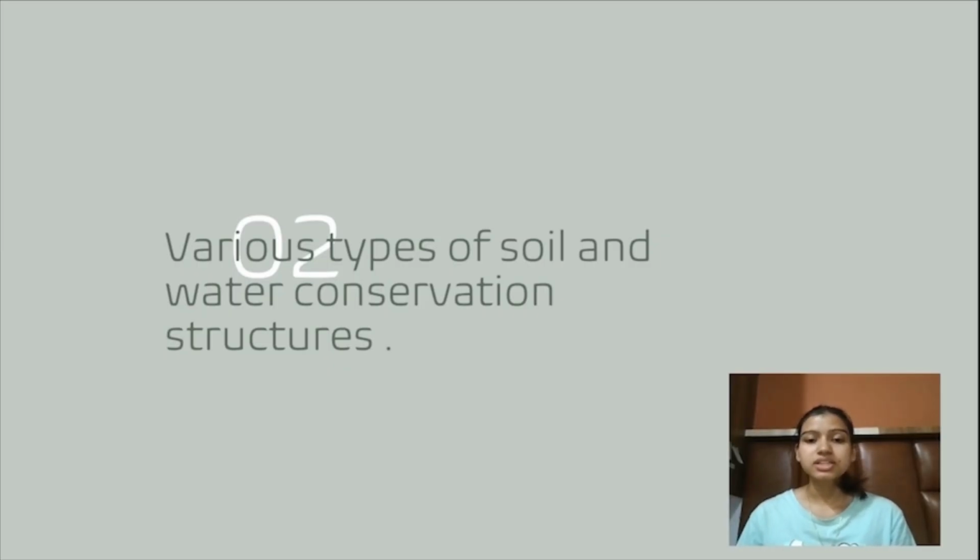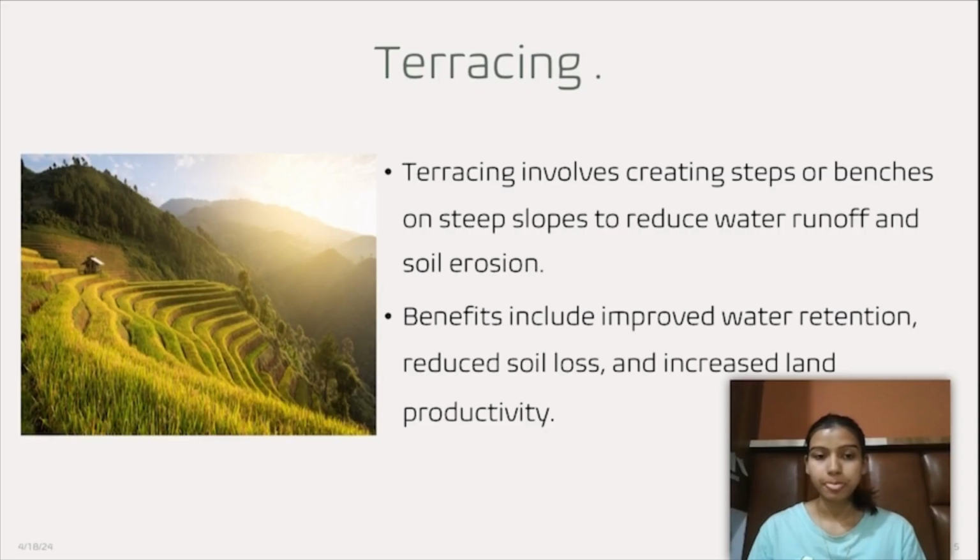Next is the various types of soil and water conservation structures. To conserve soil and water, we have various proper methods and techniques. The first is terracing. What is terracing? Terracing involves creating steps or benches on steep slopes.